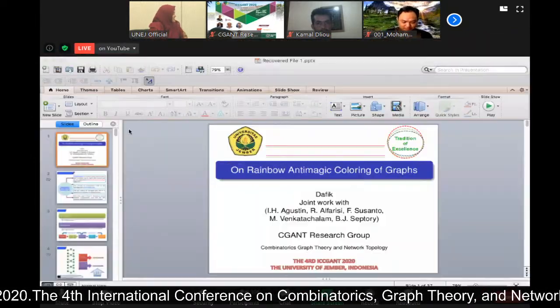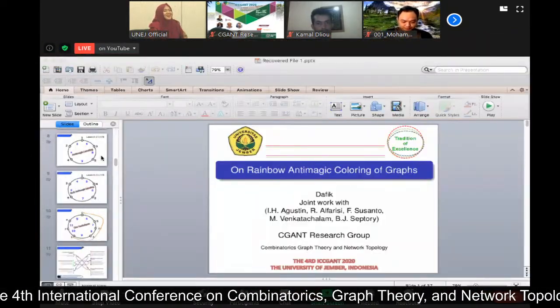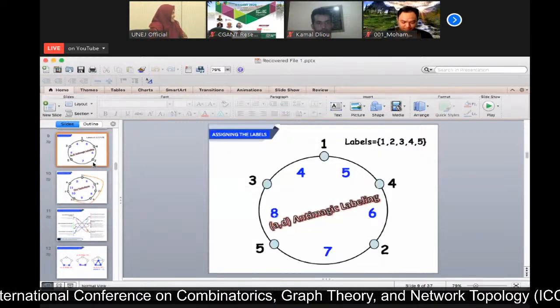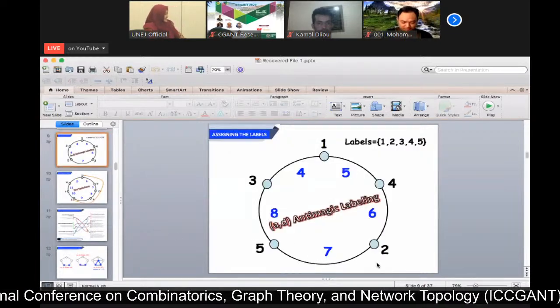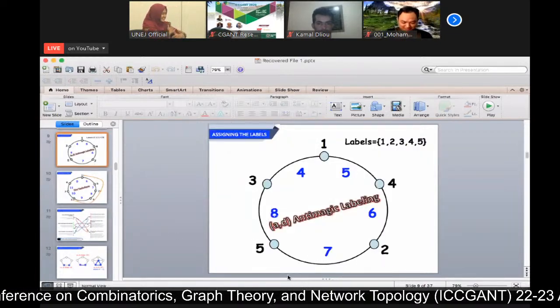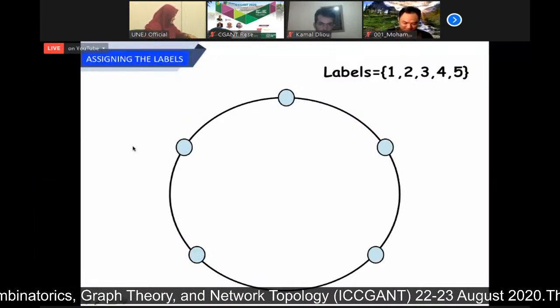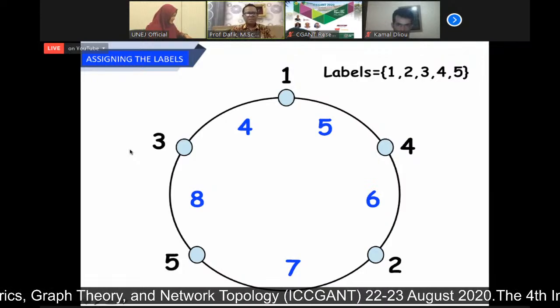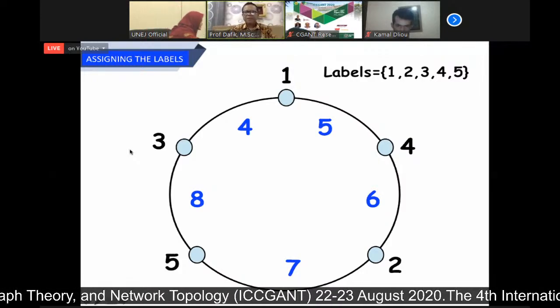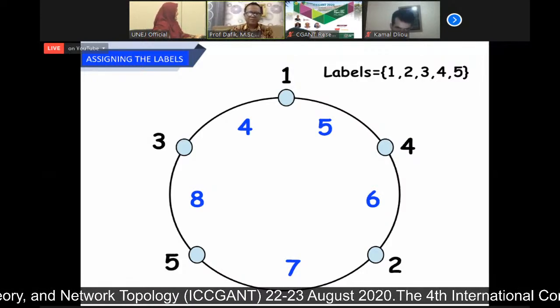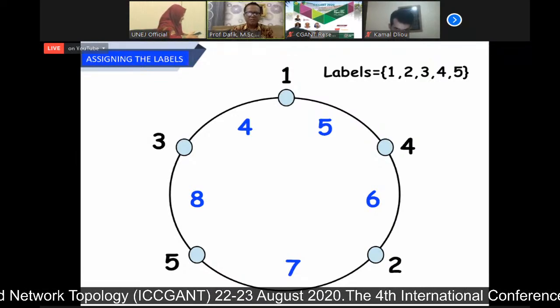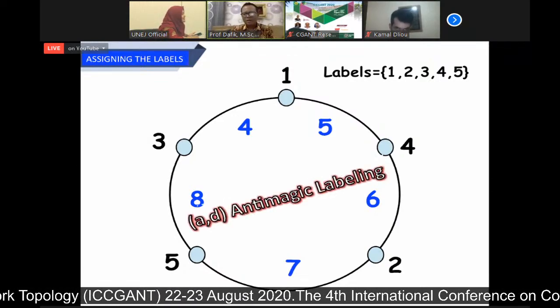Hopefully this one works. So when we have the old-fashioned anti-magic labeling, then we have this one: 5, 6, 7, 4, 5, 6, 7, 8. It is considered consecutive.